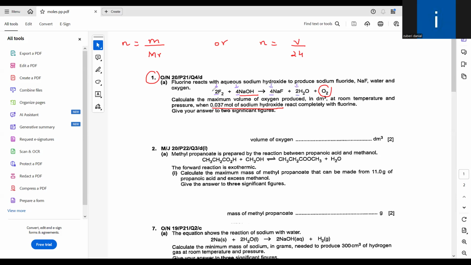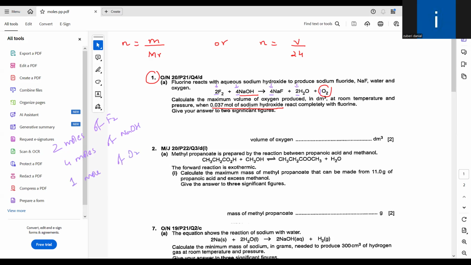If they say 2F2, that means they're discussing 2 moles of fluorine. It says 4 NaOH, which means 4 moles of NaOH. Whichever number is there, that's the number of moles. And if there is no number, it's by default 1. So for oxygen, it's 1 mole of oxygen.